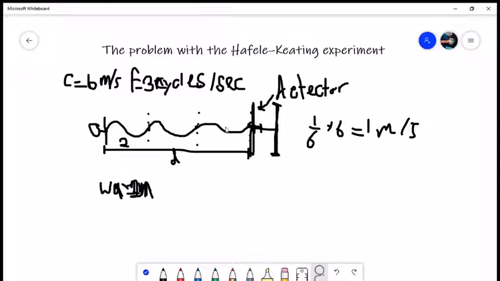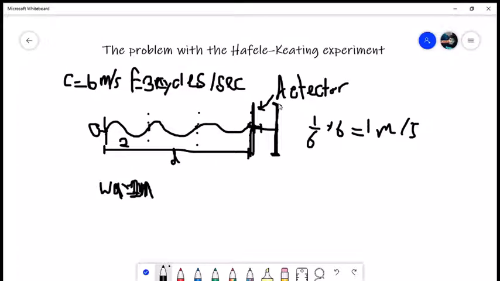That's because when these 3 cycles pass this point, like they normally would in the stationary detector, instead this time the detector would have moved to the front. And when these 3 cycles pass this point, they pass it in 1 second, because that's the frequency, 3 cycles per second.